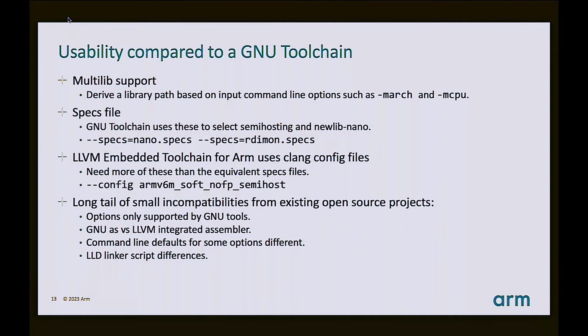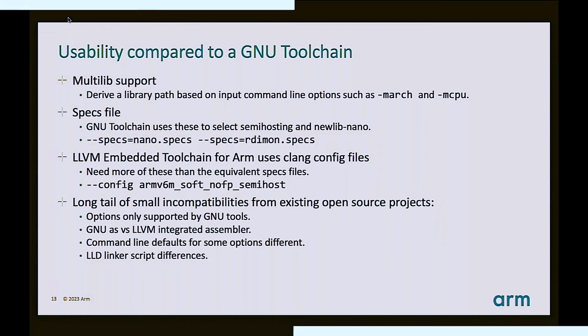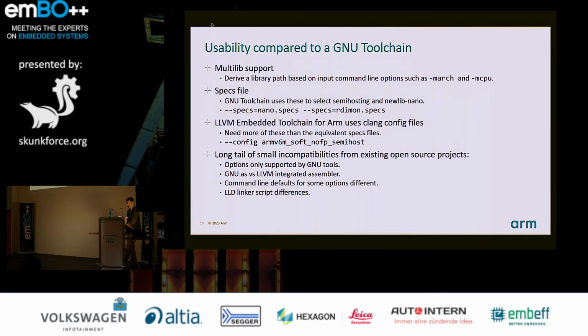You want the toolchain to do that for you, and that's what multilib does. So far, there's hard-coded support for multilib available in Clang right now, but there's not really a data-driven version that would allow an embedded toolchain manufacturer to easily make their own multilibs. We have some patches up for review there. I'll mention those later on.